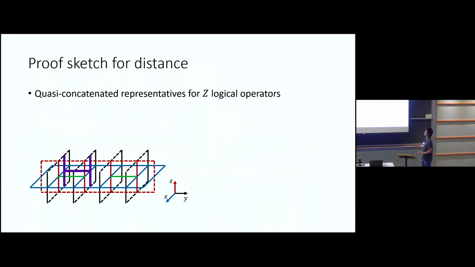You would take some logical operator of the input code, have some vertical strings on it, as would be the case for concatenated representatives. But then because of these fusion rules, you get extra excitations, and then you would just match them. So this is one possible representative of a given logical operator. And if these were the only representatives, then we would be good, because that would basically give the correct scaling of the distance.